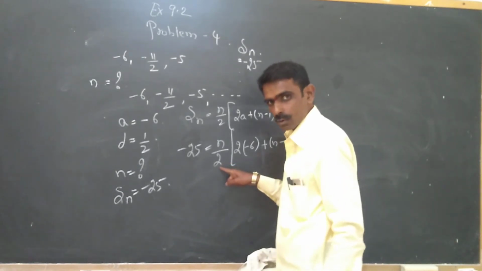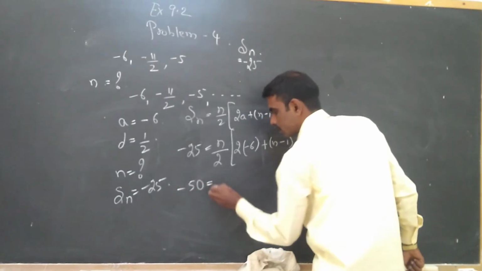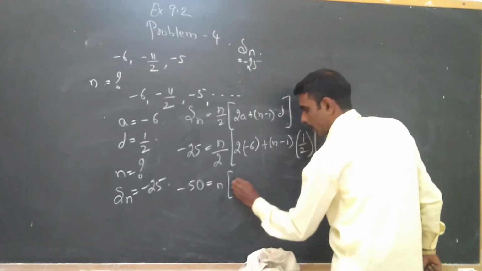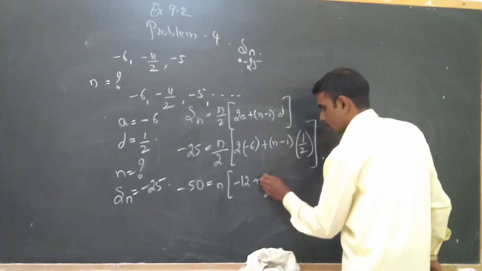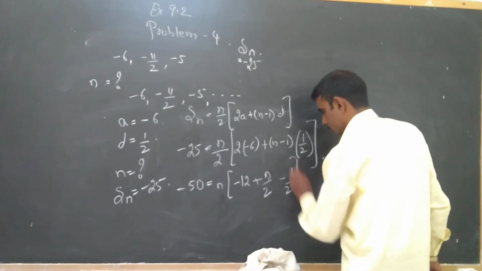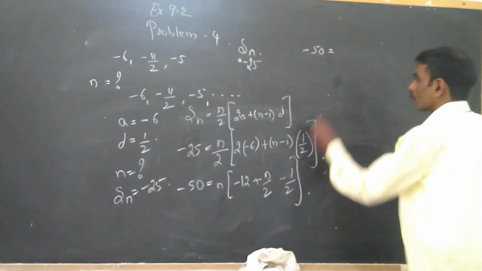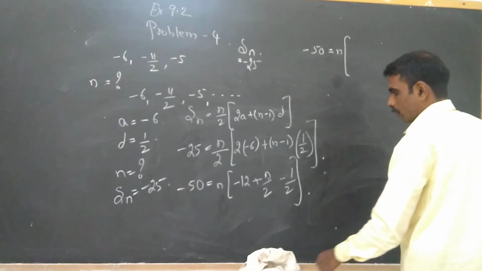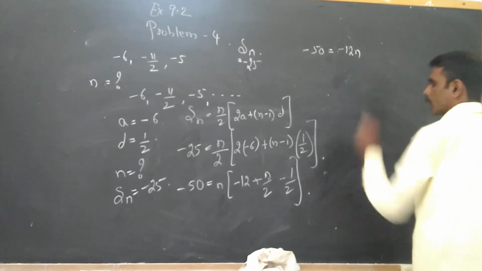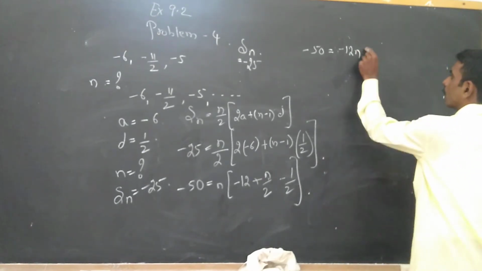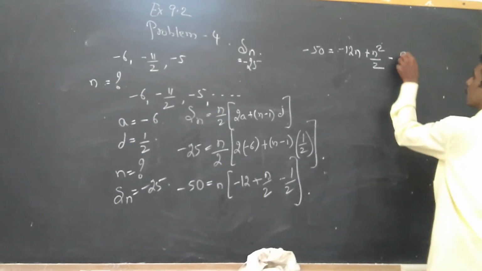This 2, n by 2, I will transfer it to the other side. So that is minus 50 is equal to n into minus 12 plus n minus 1 by 2. So minus 50 is equal to minus 12n plus n square by 2 minus n by 2.